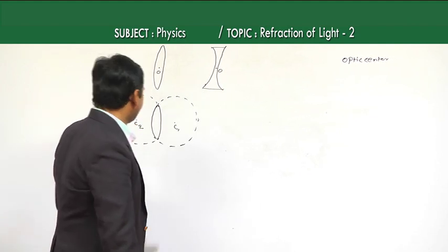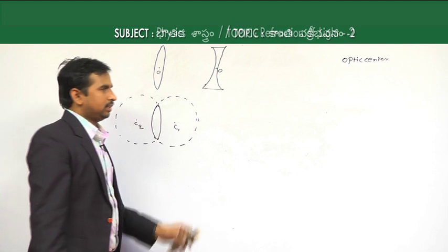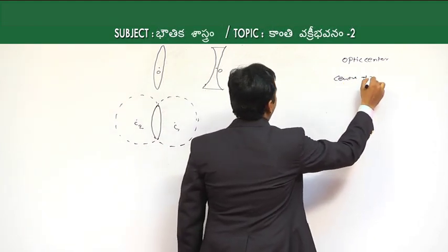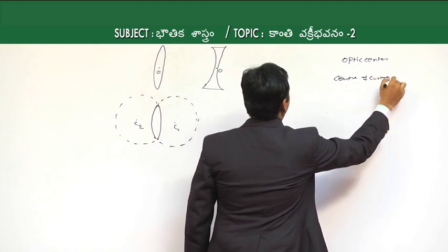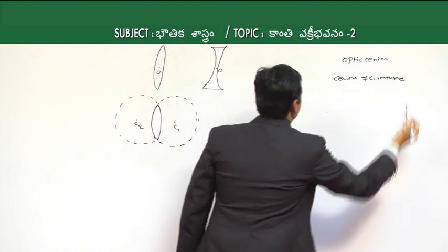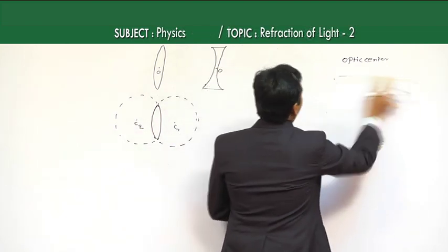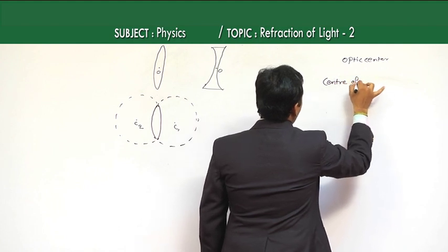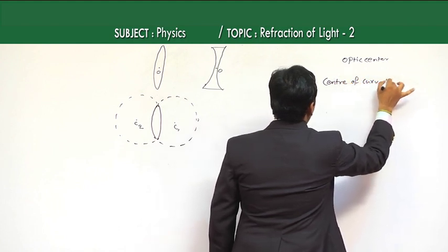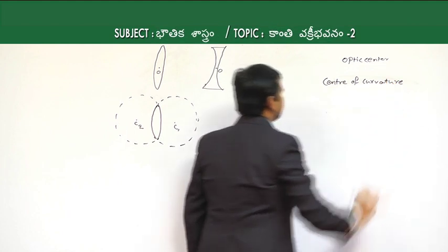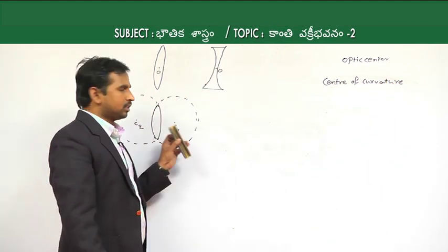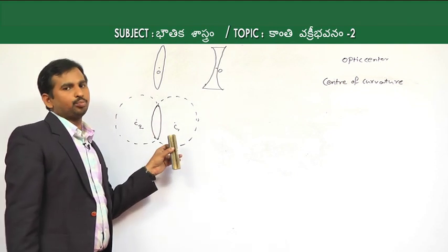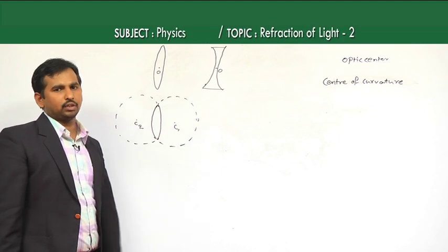And next one we have is center of curvature, which is the center of the spherical glass of which our lens is a part. Center of curvature.